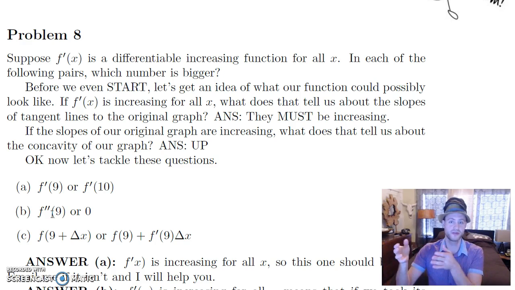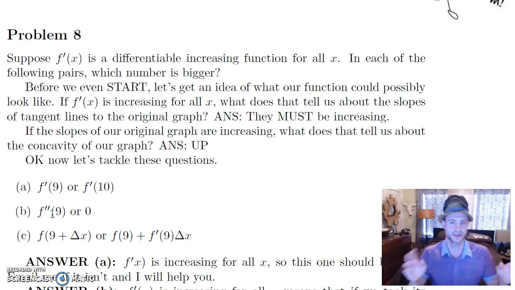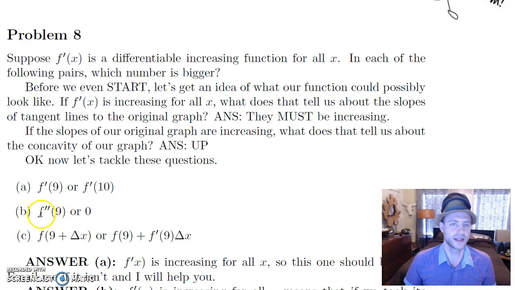If the 500th derivative was positive, that would mean your 499th derivative is increasing. There's nothing special about the second and first derivative and increasing and decreasing. They all work like that. So is this thing going to be positive? It's only positive if the first derivative is increasing, is it? Then you compare that to 0.